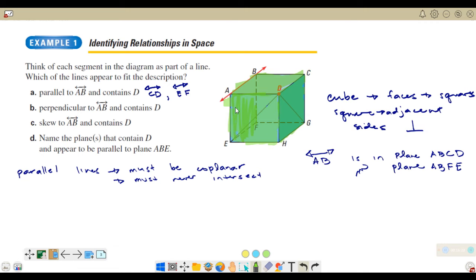Pero yung likod niyan hindi sakop. Ayan. Plane ADHE. Okay. Sila lang yung mga nagko-contain with D.